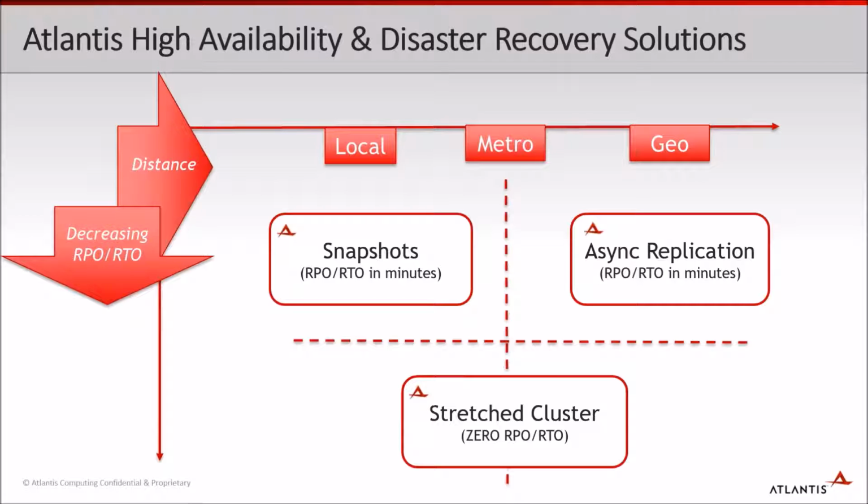For local HA solutions, we offer snapshots, both volume level and, with VMware vVol integration, VM level snapshots as well. For far sites, we offer volume replication, which is an asynchronous replication that you can use to protect your data across literally thousands and thousands of miles and kilometers.